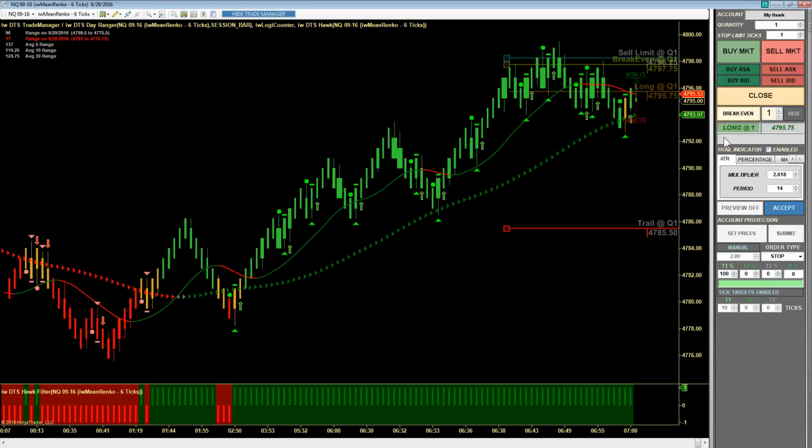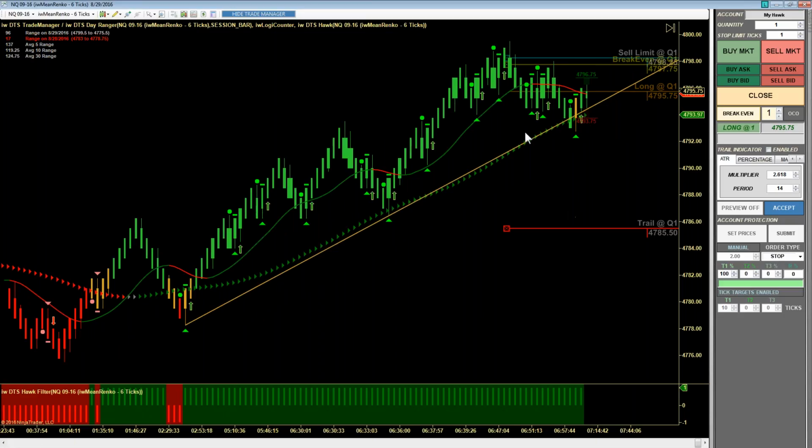Okay, get up there now. So we got a little bit of trend line support here that we're looking for the market to follow through on.